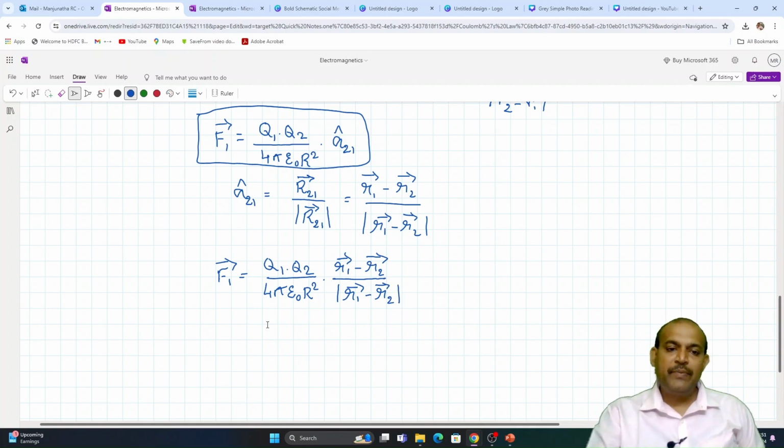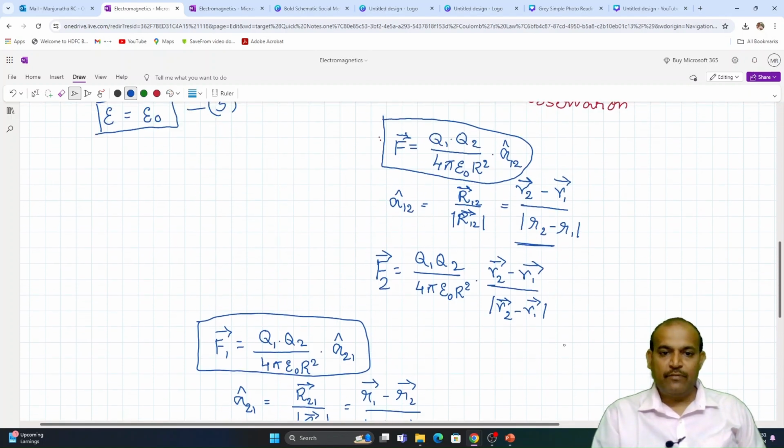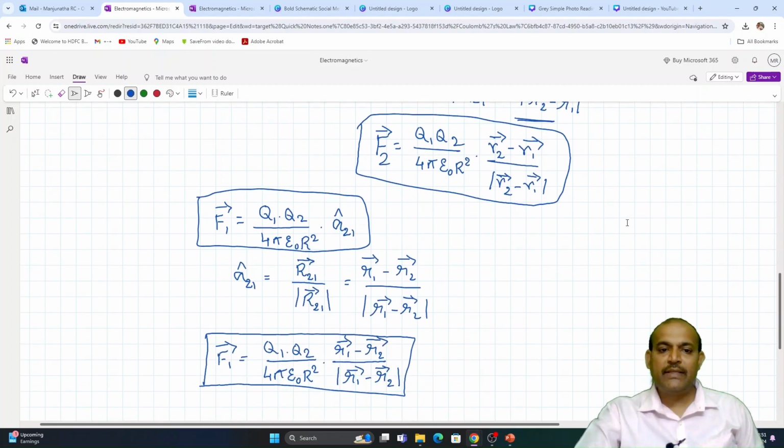Now if you compare this equation, the force experienced by charge 1 due to charge 2, with the force experienced by charge q2 due to charge q1, they are both the same. The magnitudes are the same, q1 q2 by 4 pi epsilon r square. You only remain with r2 minus r1 divided by magnitude, whereas this is r1 minus r2.